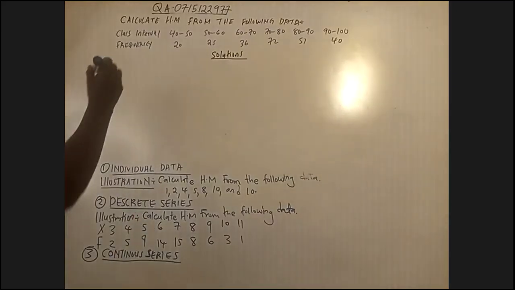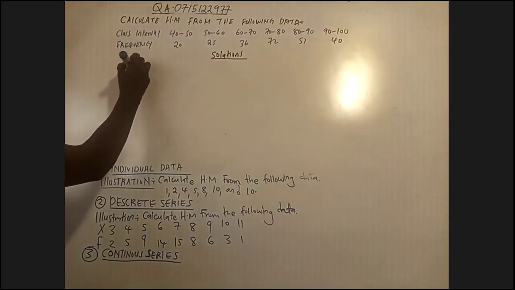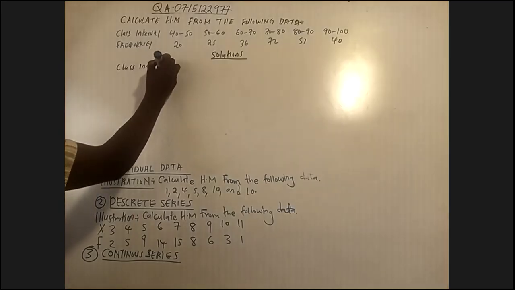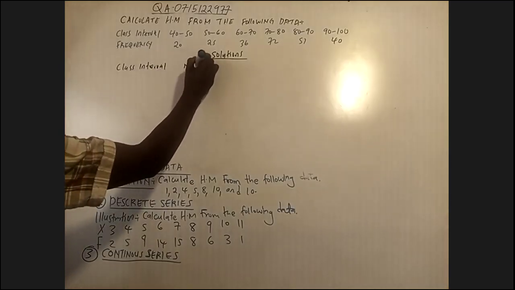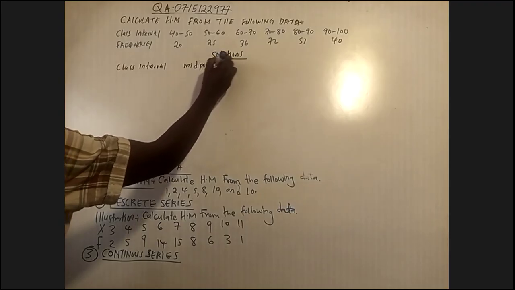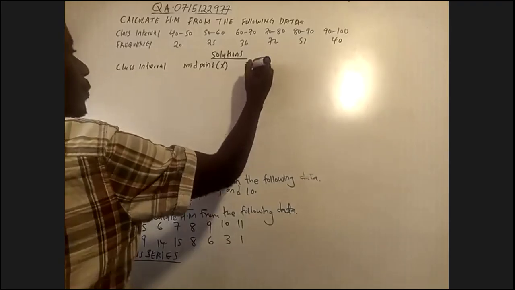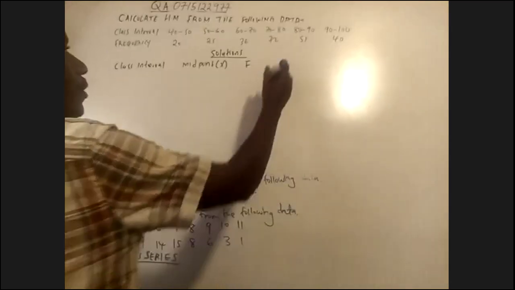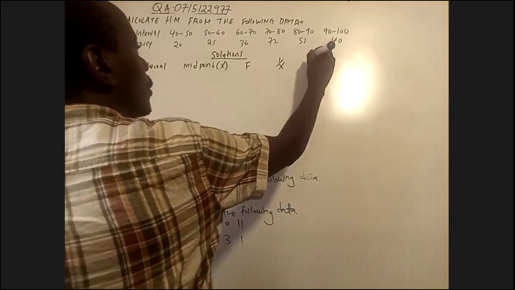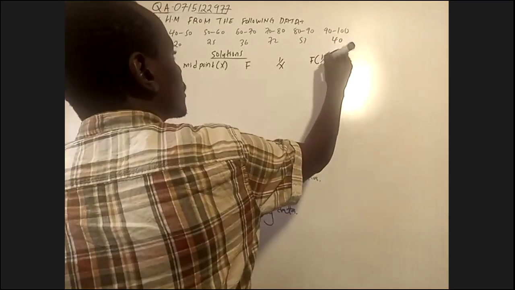Now our class interval, then midpoint, which is our x. Then we find our frequency. Then 1 over x, then f times 1 over x.